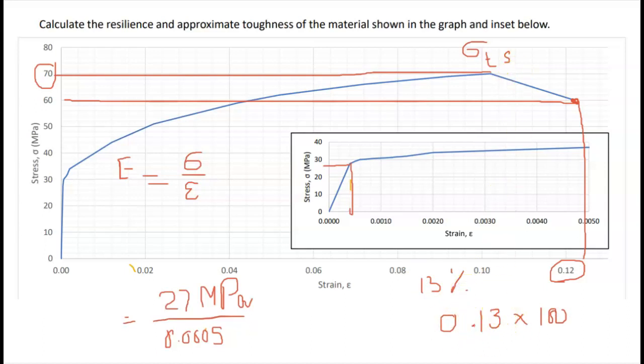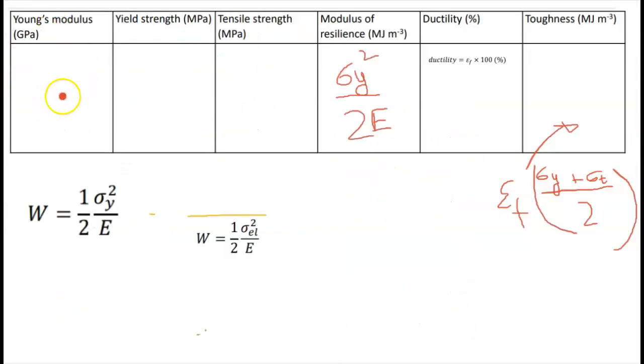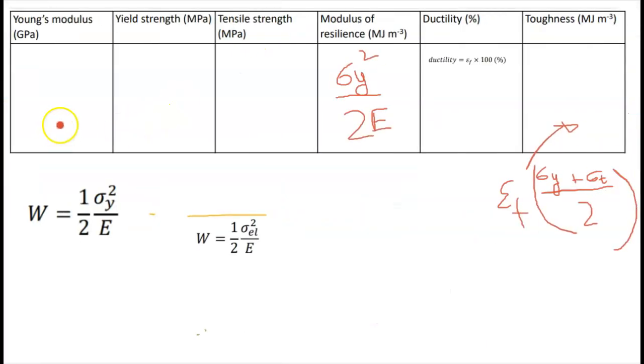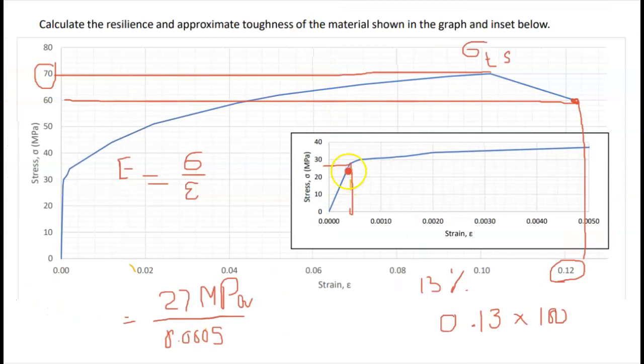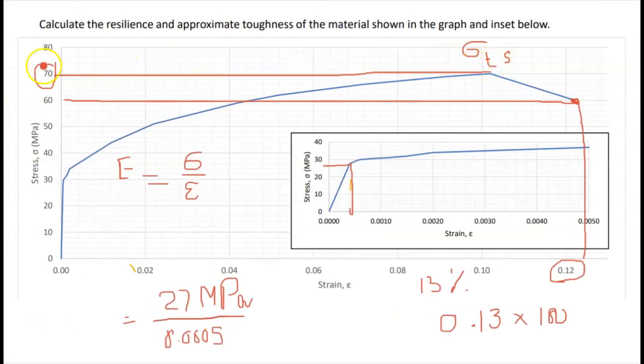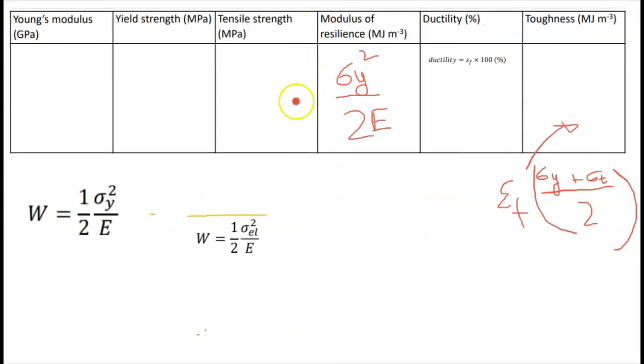Okay, now here there are some equations you can use to find different values from this graph. Young's modulus, you can calculate, which I did. Yield strength, which is the strength here, 27 megapascal. I got that from here. Tensile strength is that value, 70 megapascal from the graph.